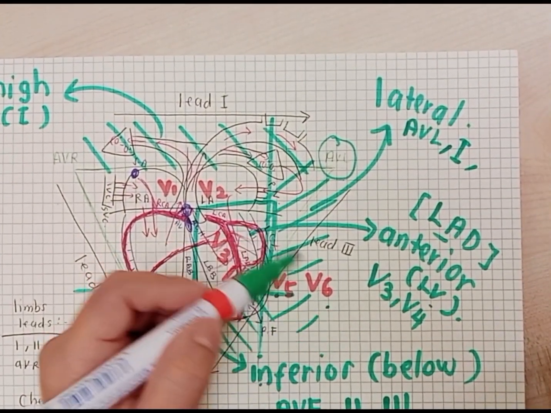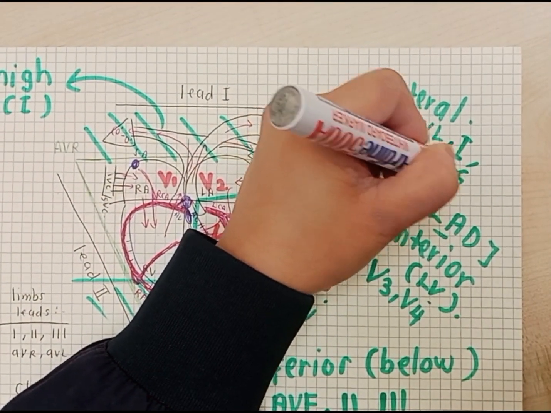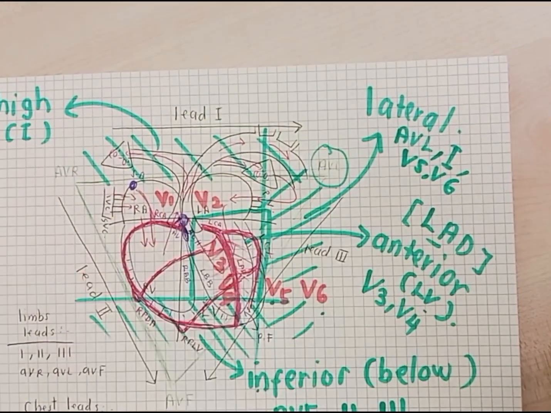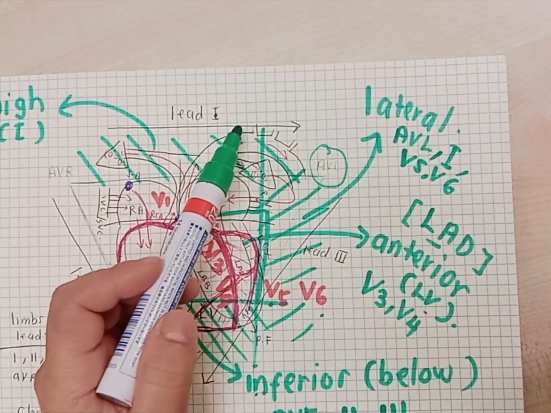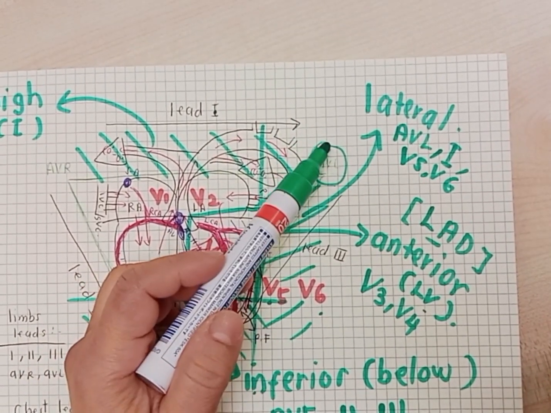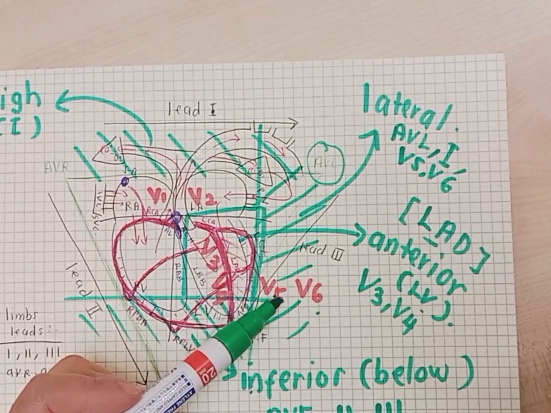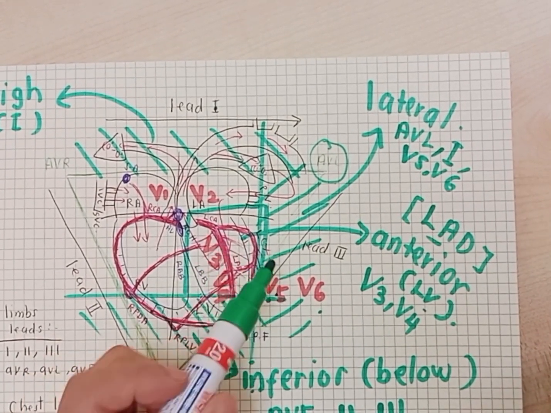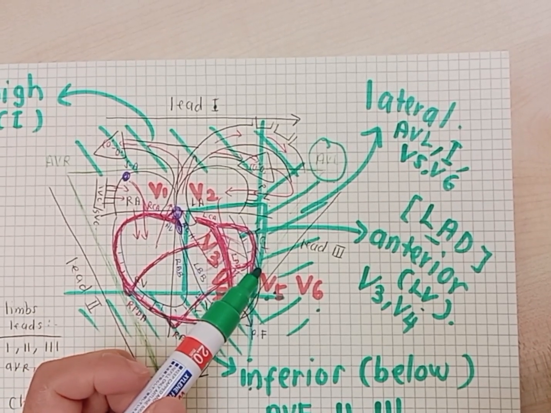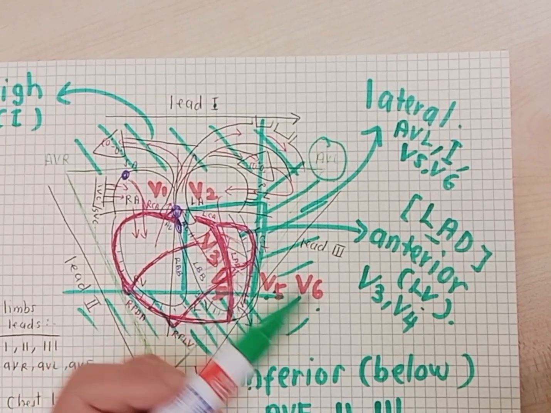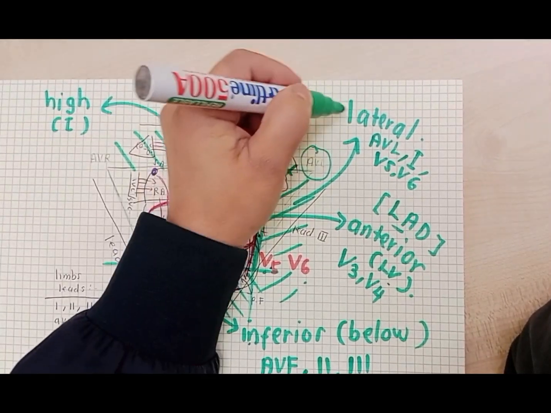V5 and V6 are located in the lateral. So the lateral leads are lead 1 because it goes to the lateral, aVL, and V5 and V6 also. The coronary artery that supplies the left lateral side of the heart is the circumflex, LCX.